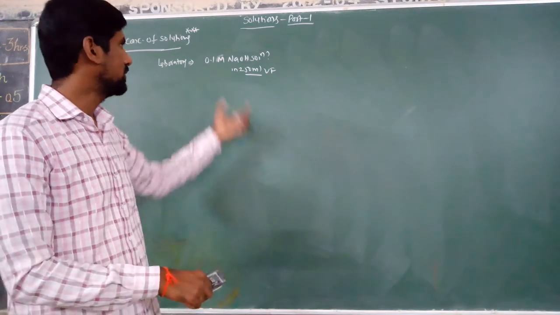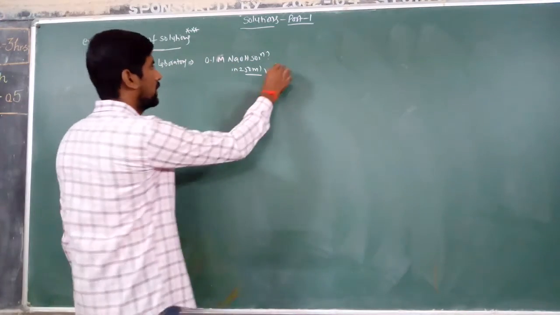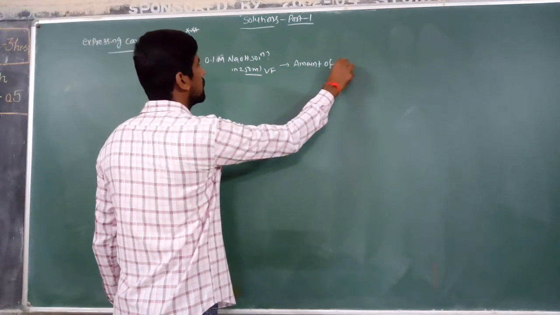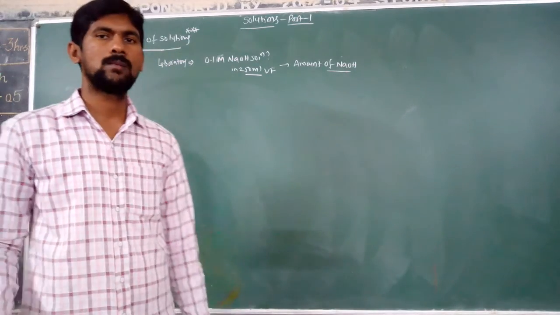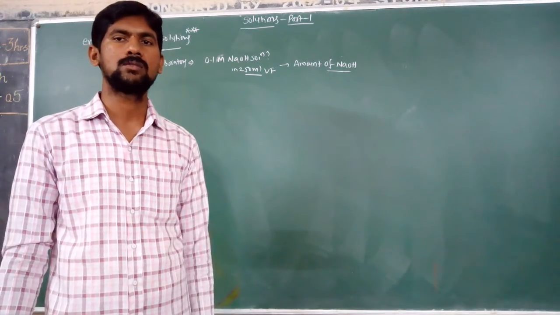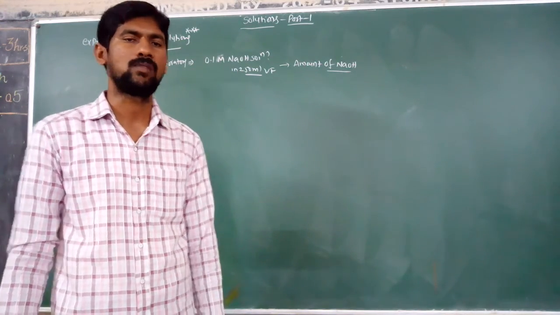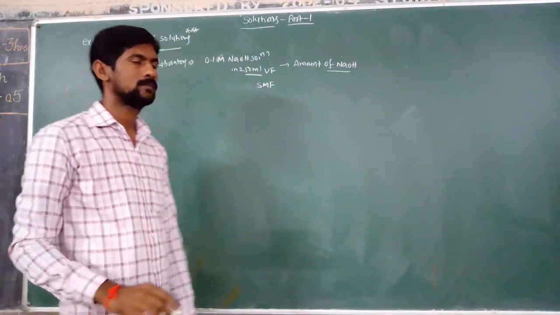For preparation of this concentration, what is the amount of sodium hydroxide required to prepare 0.1 molar sodium hydroxide solution in a 250 ml standard measuring flask or volumetric flask?